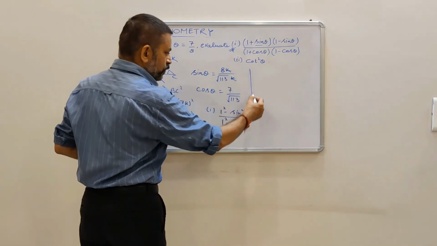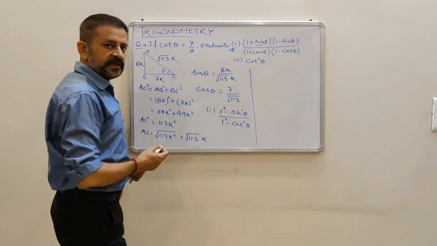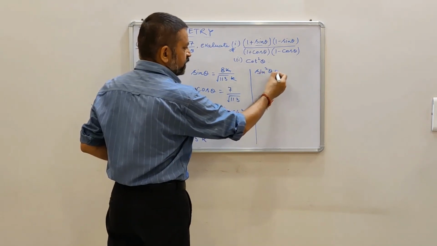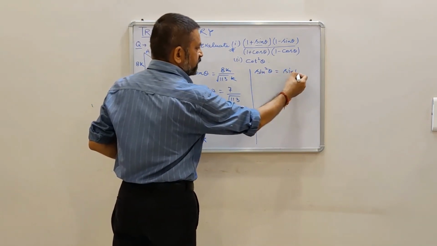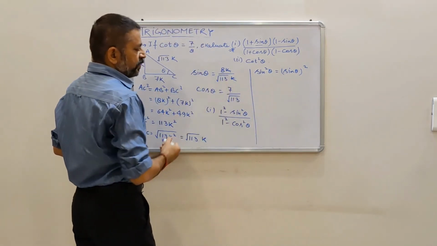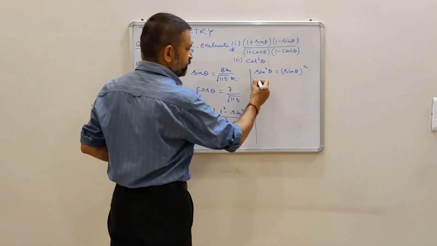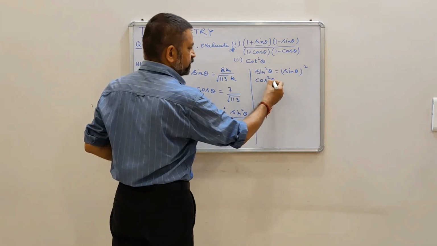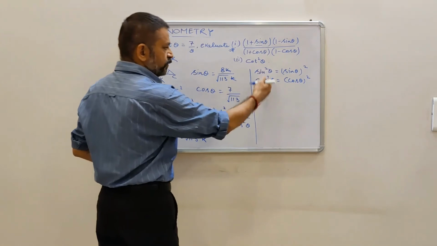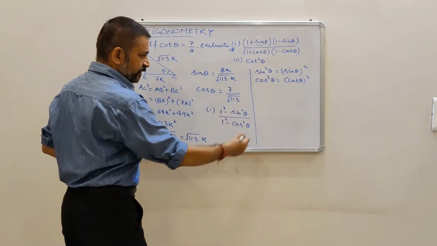Now, how to find sine square theta and cos square theta? Sine square theta is nothing but sine theta whole square, and sine theta is 8 upon under root 113. Similarly, cos square theta is cos theta whole square. So I am going to use these expressions in place of this.